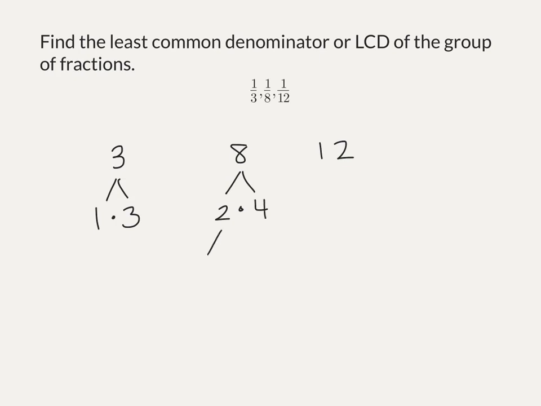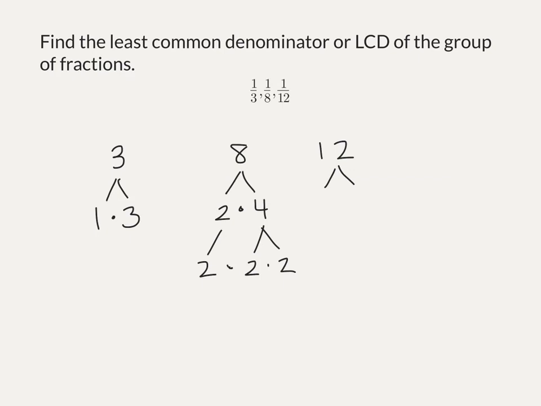Well, 2 is a prime factor because the only factors are 1 and 2. 4 is not a prime factor. I can factor 4 even further because I know that 2 times 2 is 4. So now I have the set of prime factors for 8, which is 2 times 2 times 2.